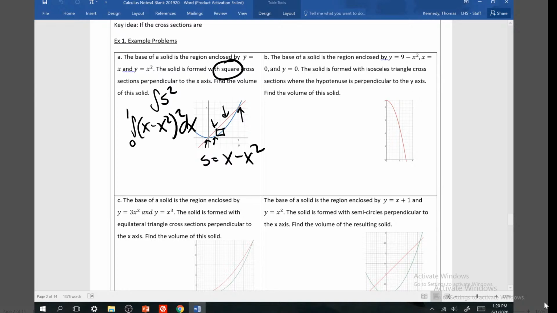In order to integrate this, I actually have to expand out x minus x squared, and I get x squared minus 2x cubed plus x to the fourth.